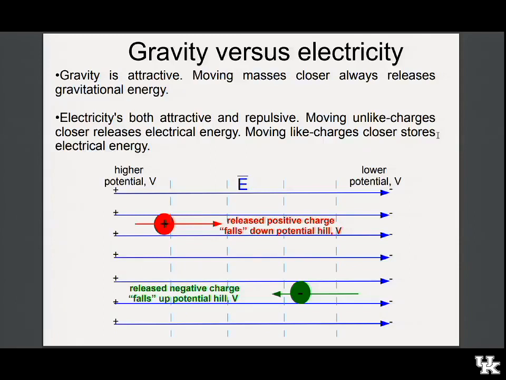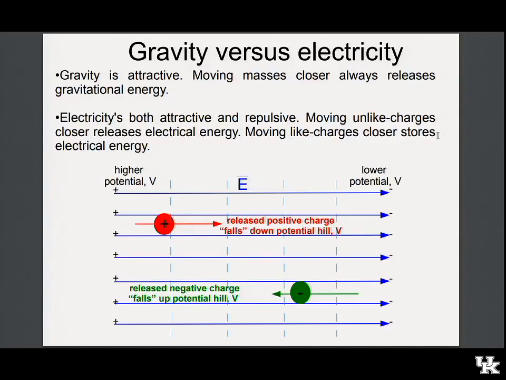For the electrical situation, if you let a pair of unlike charges come together, a plus and minus, that also releases electrical potential energy. And you would have to add electrical potential energy to pull them apart.